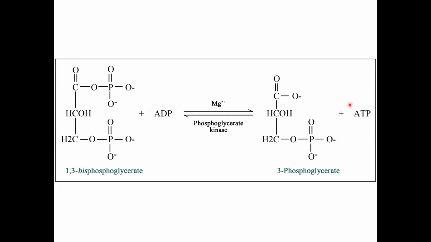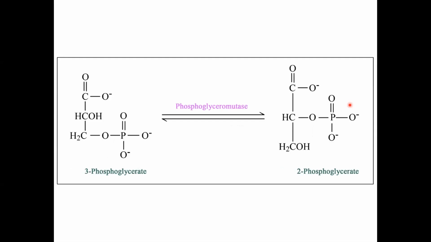So this reaction makes 2 ATPs because remember we have 2 3-carbon molecules. We have 2 G3Ps. So now we make 2 ATPs and we're basically cutting ourselves even. So we have now broken even because remember we had to use 2 ATPs to get this reaction going.